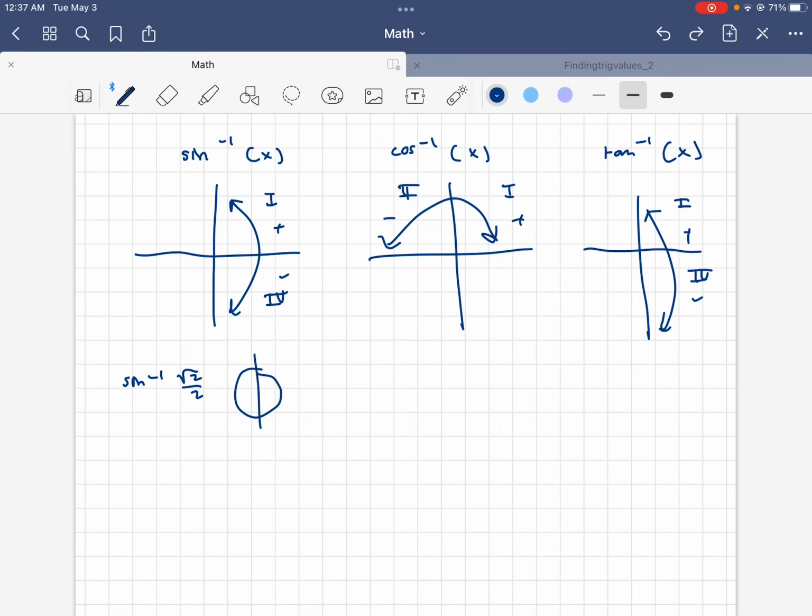So we know the opposite is square root of 2 over 2 at the place on the unit circle where the denominator is 4.